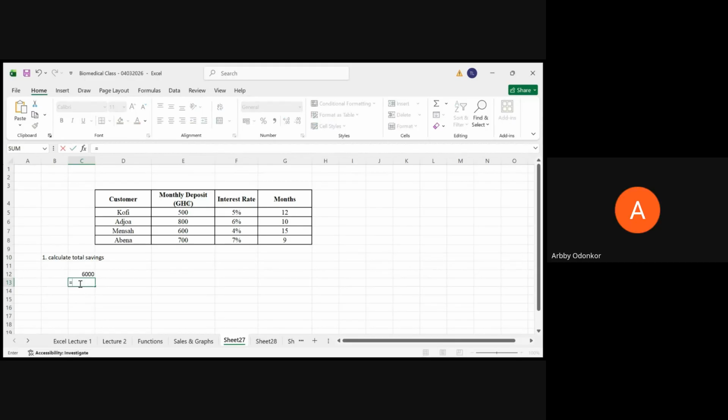Equals E6. Ajwa is E6. Yeah, E6 times, that's the asterisk, E6 times G6. Okay. And that one we got 8,000.